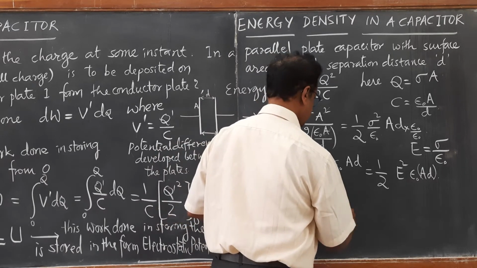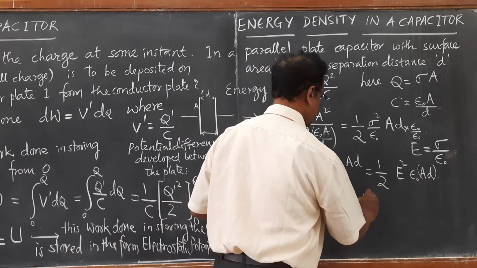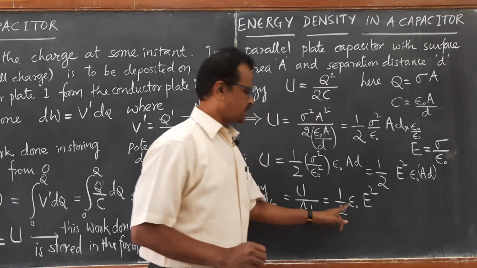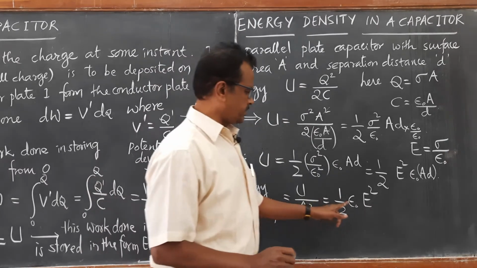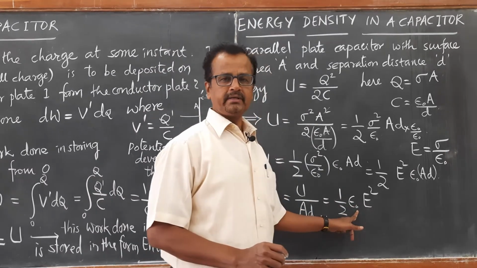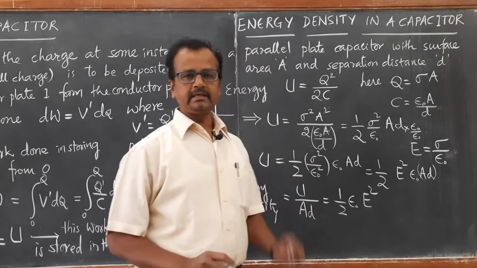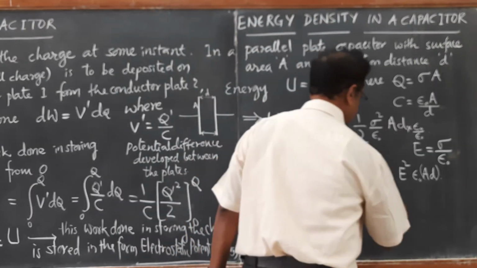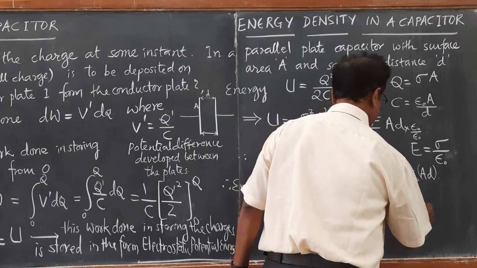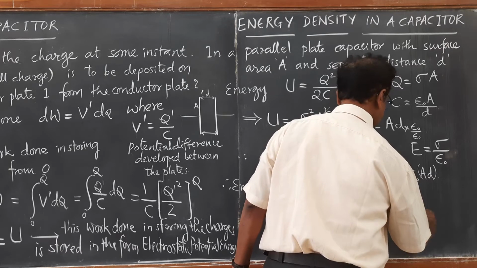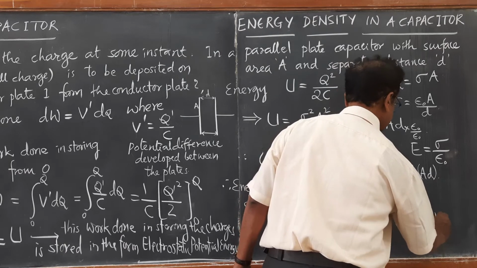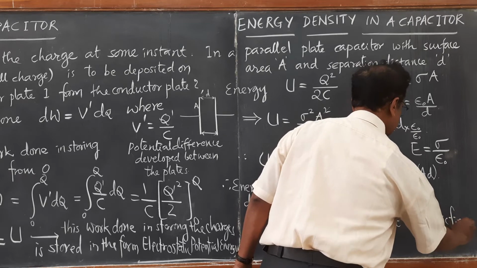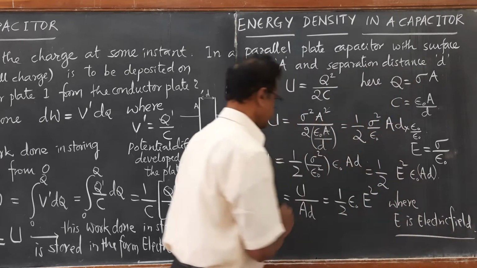So thus you get half epsilon naught E square, where epsilon naught is the permittivity of free space and E is the electric field. So this is a very important equation you need to remember.